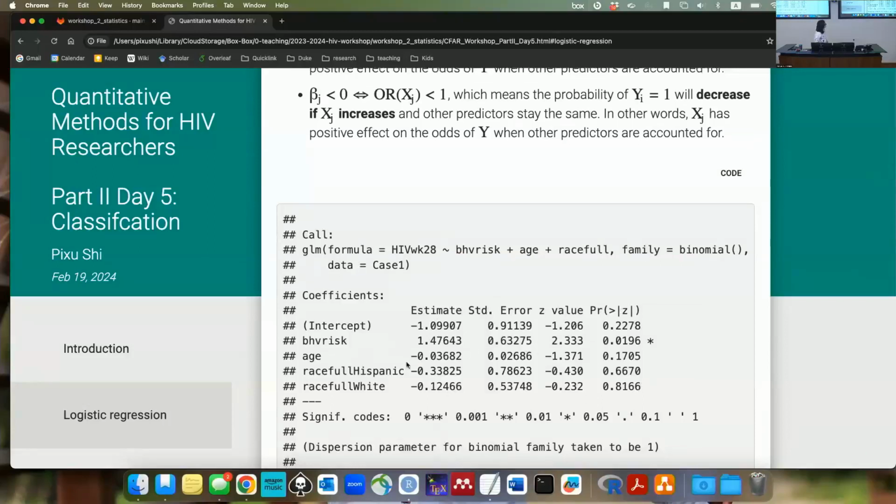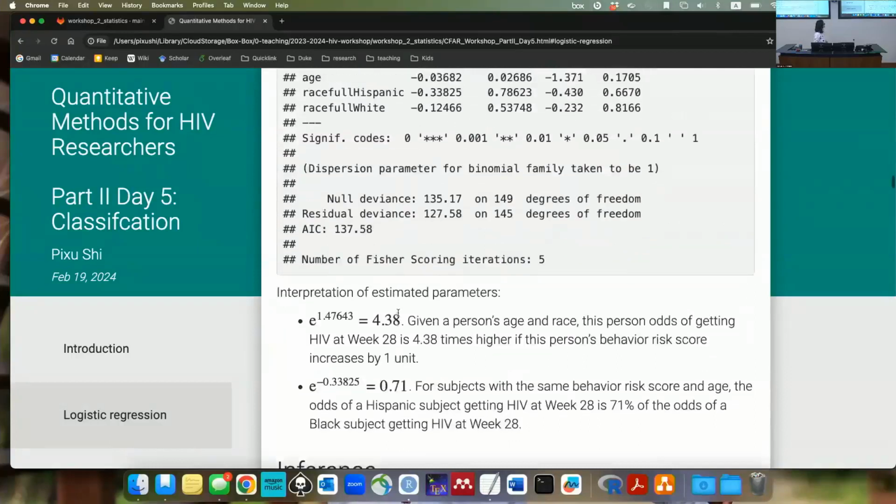Suppose we're trying to interpret the behavioral risk score: the higher the behavior risk score is, the more likely you're going to get infected. And that fold change on the odds is going to be this number, or 4 times the odds.